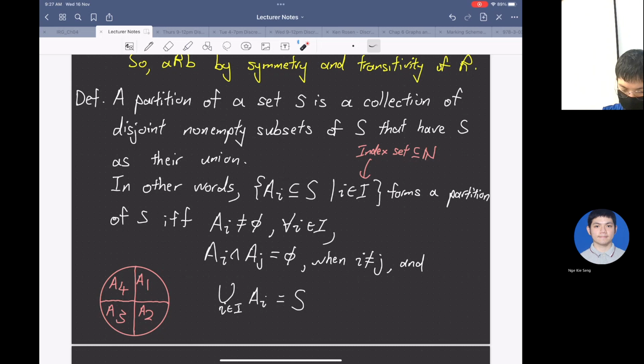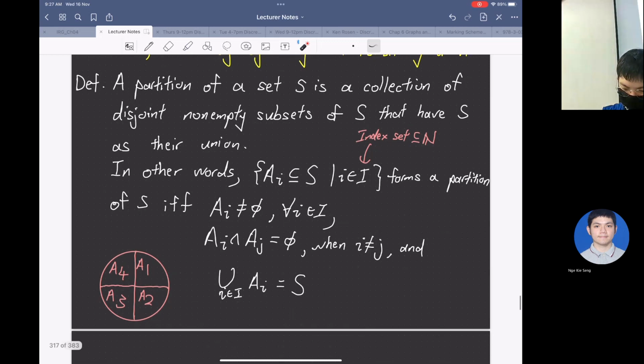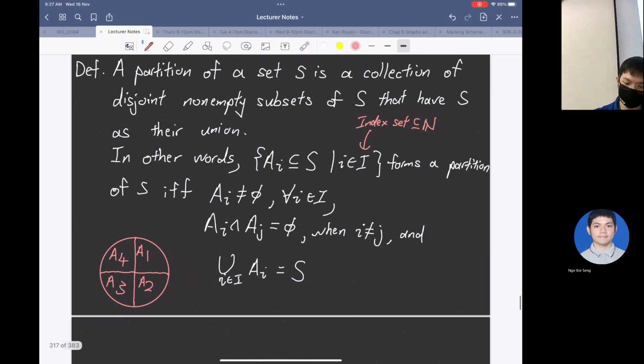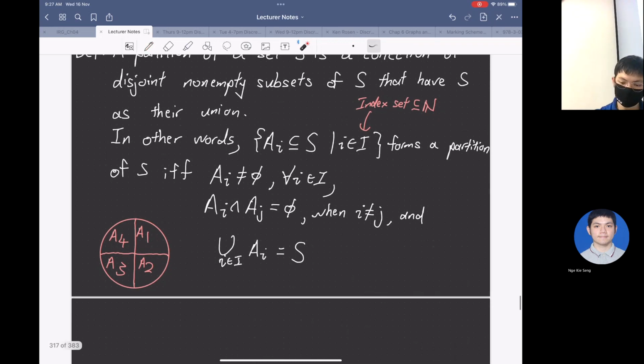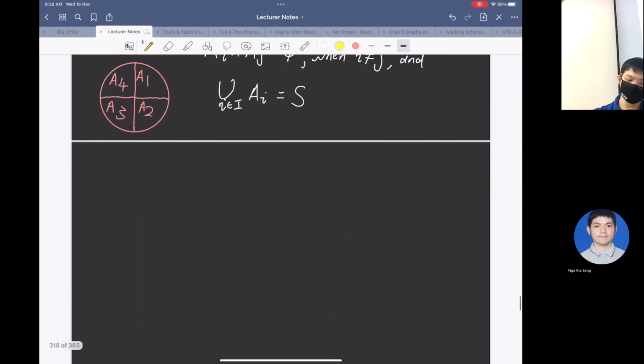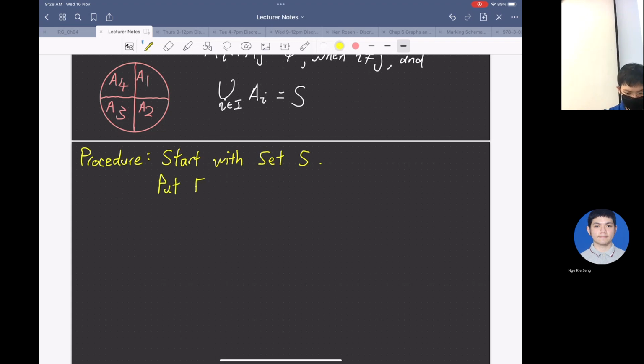Let's think about how equivalence classes form a partition. Let's try another experiment, the procedure. First we start with an arbitrary set X, and then you put an equivalence relation on it.